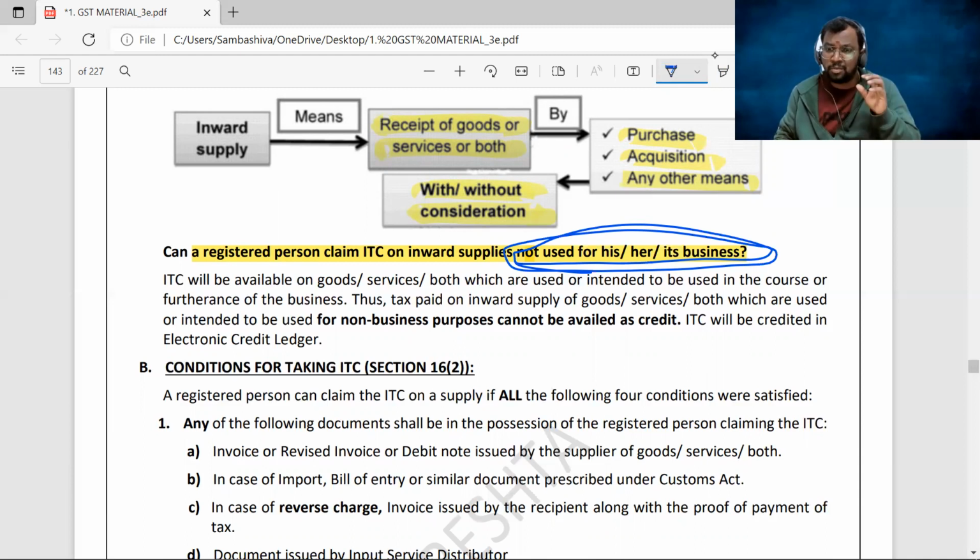If you purchased an input good or a capital good but use it for personal purposes, then input tax credit is not allowed. Only when they are used in the course or furtherance of business do they become eligible for input tax credit. As simple as that.